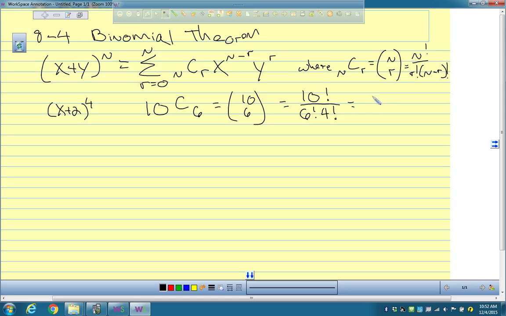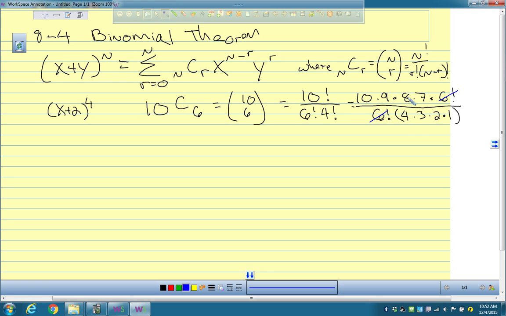The way you simplify this by hand is 10 times 9 times 8 times 7 times 6 factorial, divided by 6 factorial, divided by 4 factorial. How can I write 4 factorial? 4 times 3 times 2 times 1. The reason I did that is that now I can cancel out these 6 factorials, and then look for other things to cancel out.